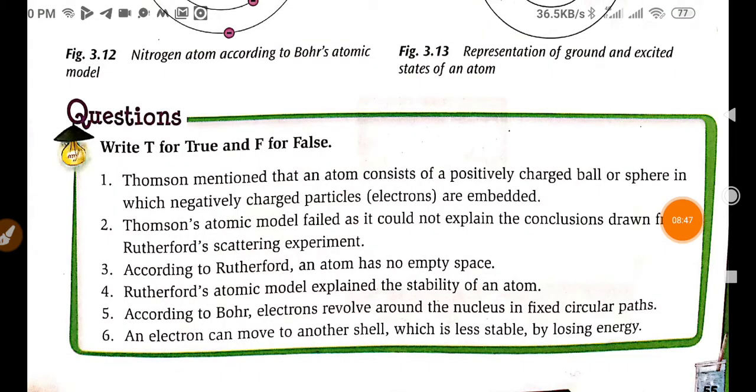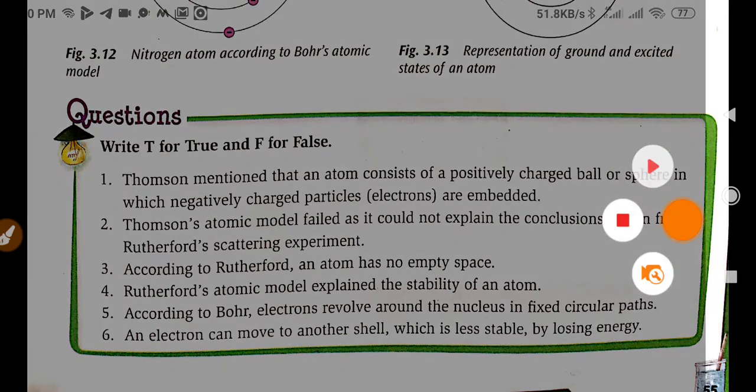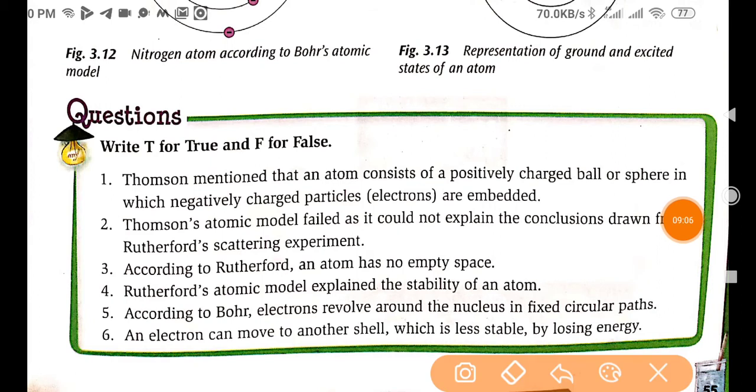So there are some questions based on the topics which we covered till now. First question: Thomson mentioned that an atom consists of a positively charged sphere in which negatively charged particles are embedded. It is true, so write T here. Second question: Thomson's atomic model failed as it could not explain the conclusion drawn from the Rutherford experiment.